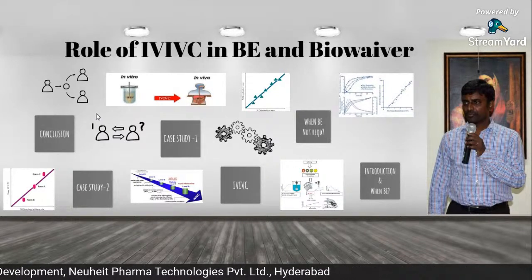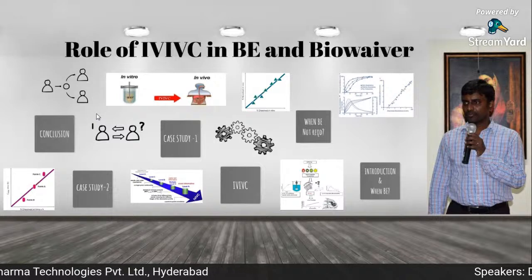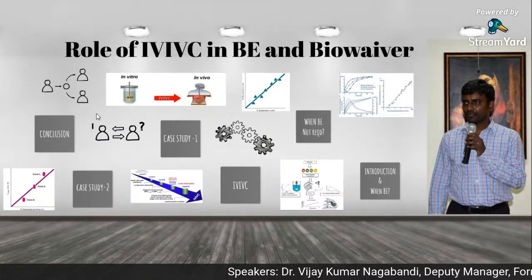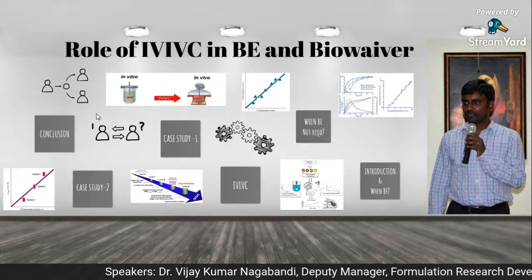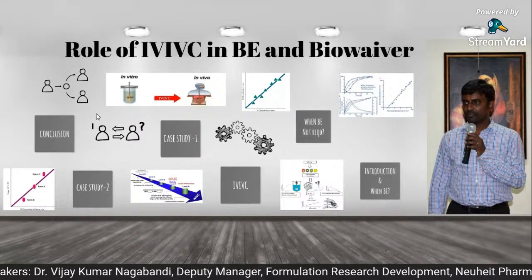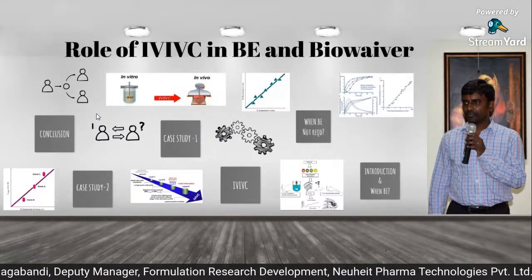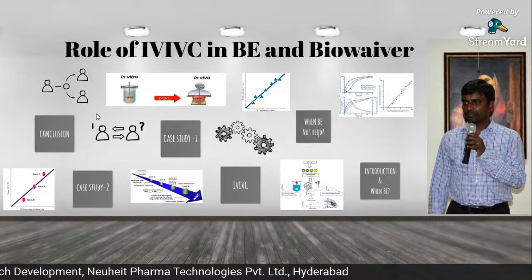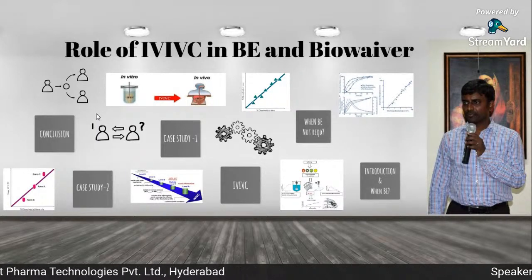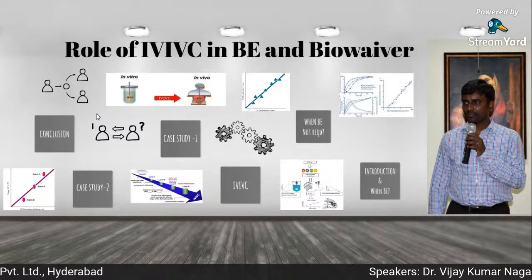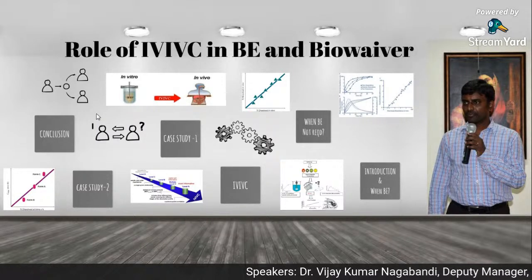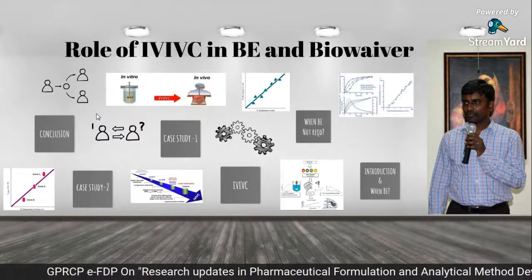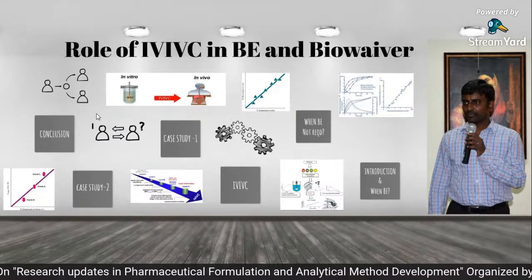We may expect to get the value between 80 and 125, because your dissolution profile matches the innovator's point to point in all the media. Disintegration time is the same, hardness is the same, friability is the same, assay is the same. You have used the same excipients in the same quantities, everything is the same, but the manufacturing process may be different.